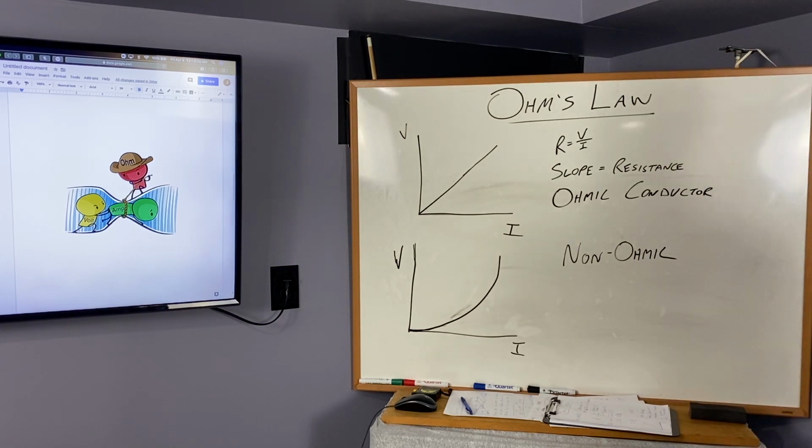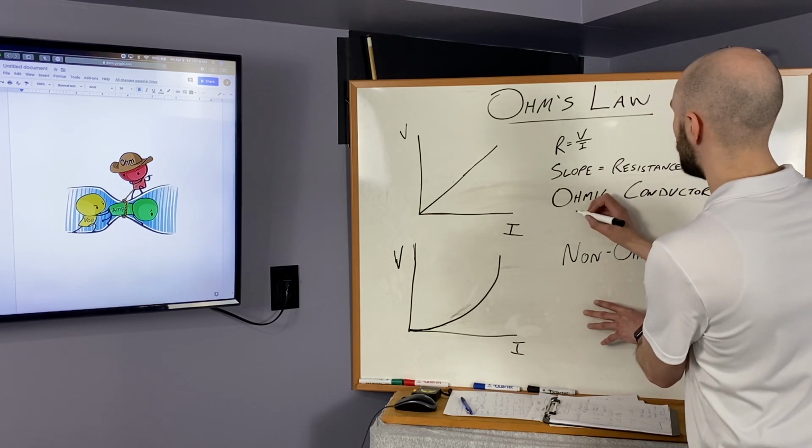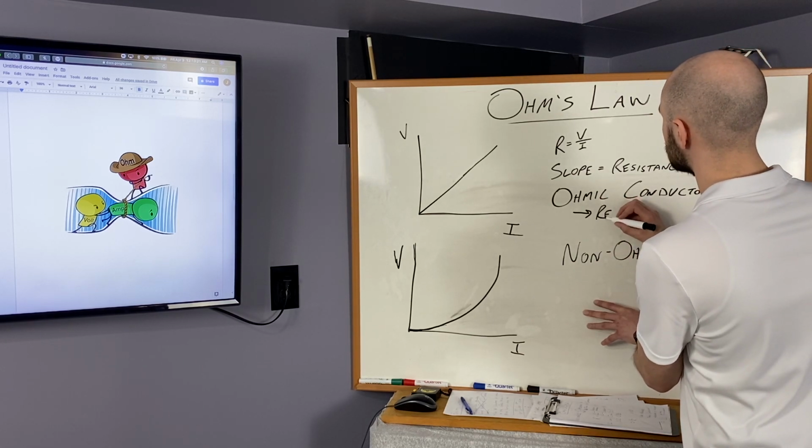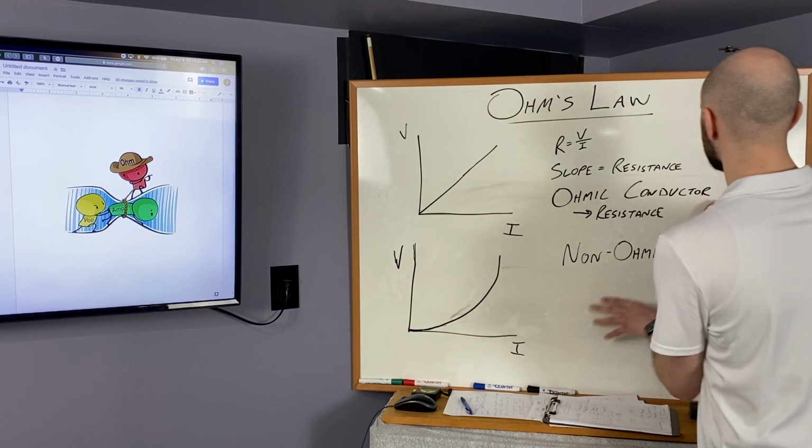So some devices are ohmic and they obey Ohm's law. Some devices are non-ohmic. They do not obey Ohm's law. So for an ohmic conductor, the resistance is constant because the slope is constant.